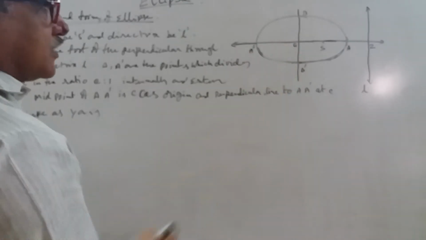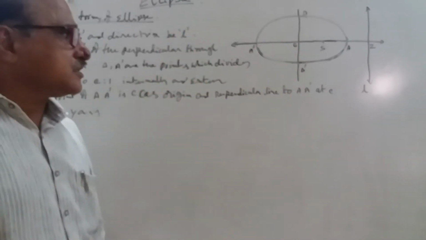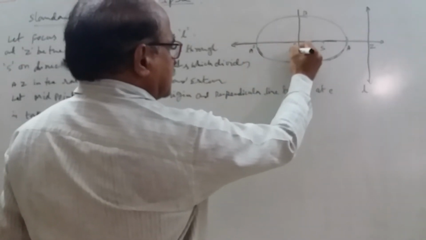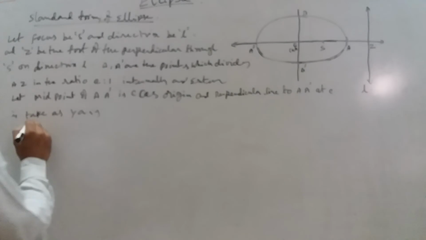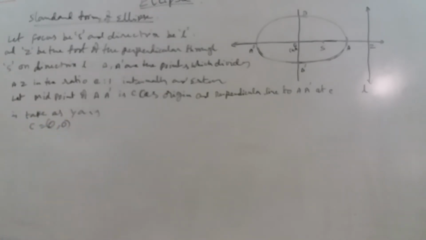So AA dash is the x-axis and BB dash is the y-axis. C is the center, with coordinates 0, 0, and let AA dash be equal to 2a.